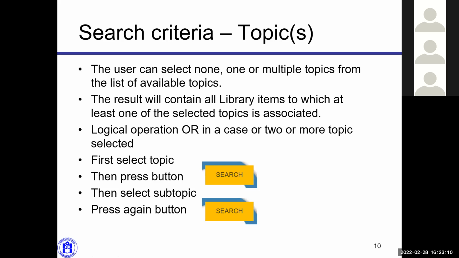Those 100 results belong to, let's say, 5 subtopics. Now you can select which subtopics you want. These subtopics are actually subtopics of our first selected topic. Then when you select some subtopics and press search again, you will get very narrow results. Later on, we will show you an example.